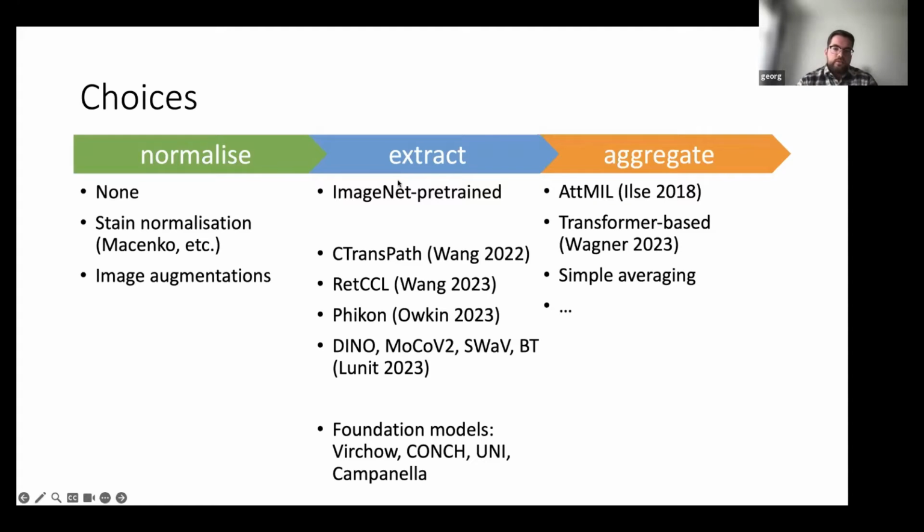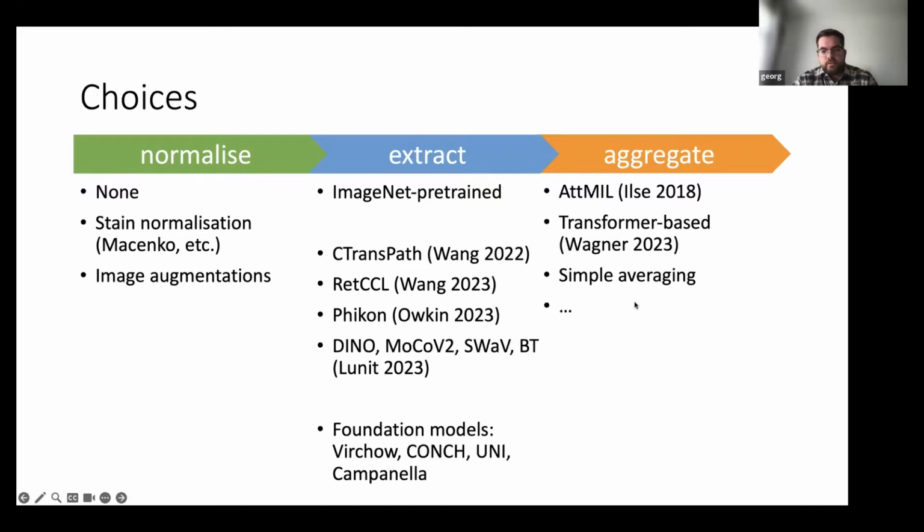And then for the feature extraction, you've got the ImageNet pre-trained models. You can just take a ResNet 50 pre-trained on ImageNet, use that as your feature extractor, and just cut off the final classification layer. Or you could take any of the pathology-specific models that were pre-trained on pathology slides, which are open, or you could use one of the foundation models if you have access to those.